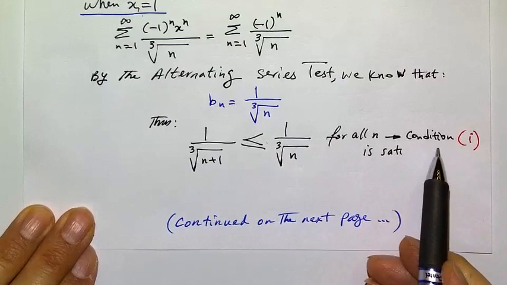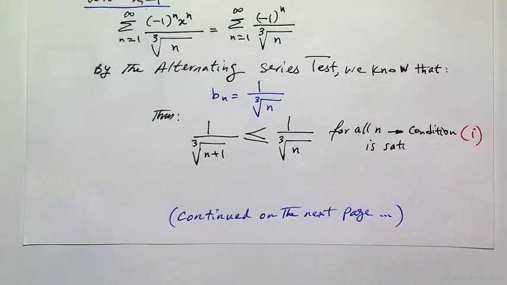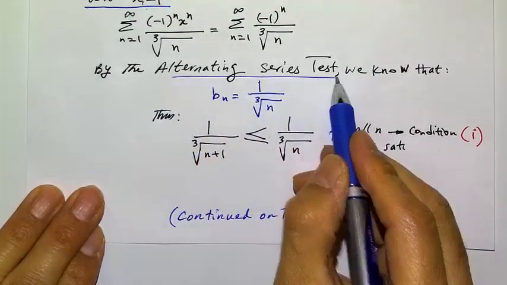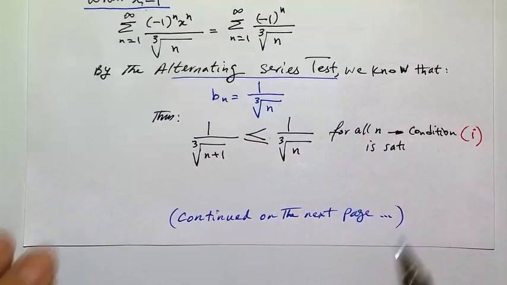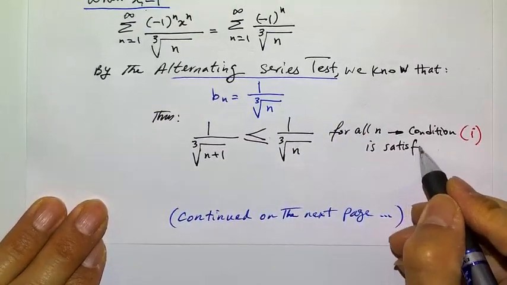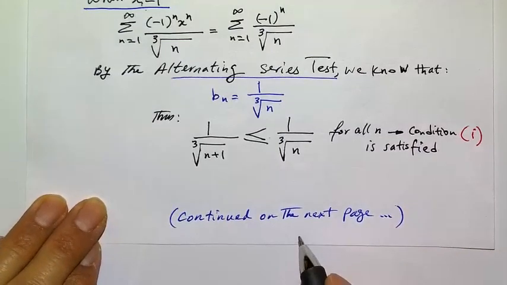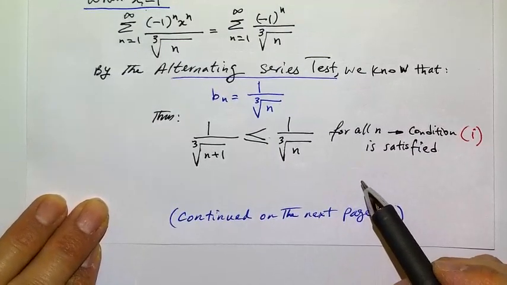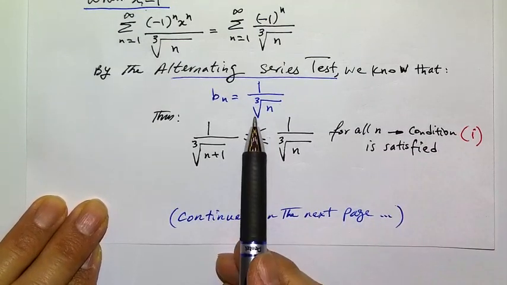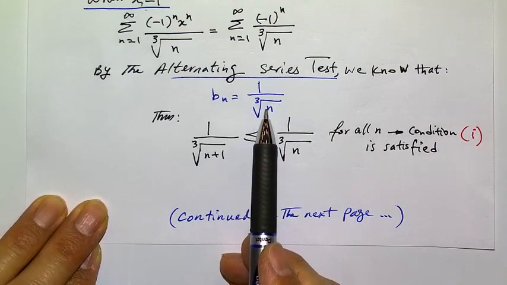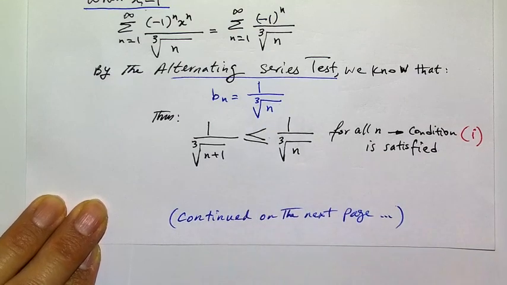And of course, we're referring to condition 1 of the alternating series test. What was the other condition? Do you remember? We take the limit of this, and if it's equal to 0, condition 2 is satisfied.